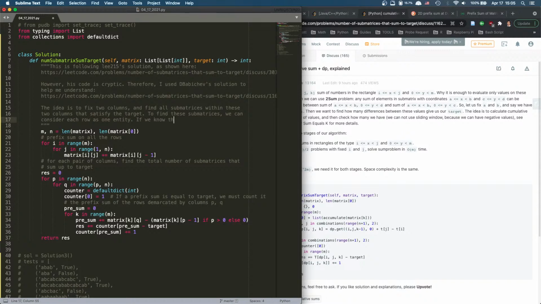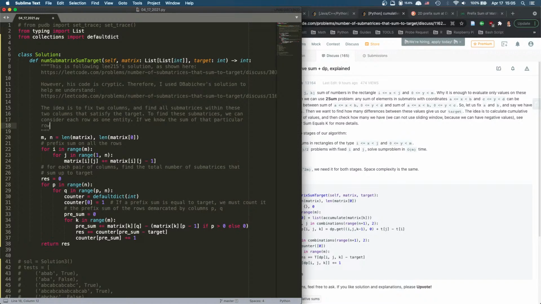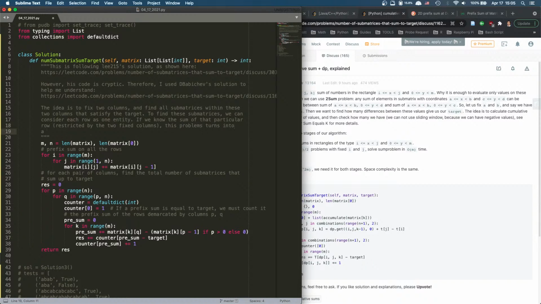If we know the sum of that particular row restricted by the two fixed columns, this problem turns into a two-sum problem. Well, it's not exactly a two-sum problem, but it turns into finding a subarray that sums to the target.